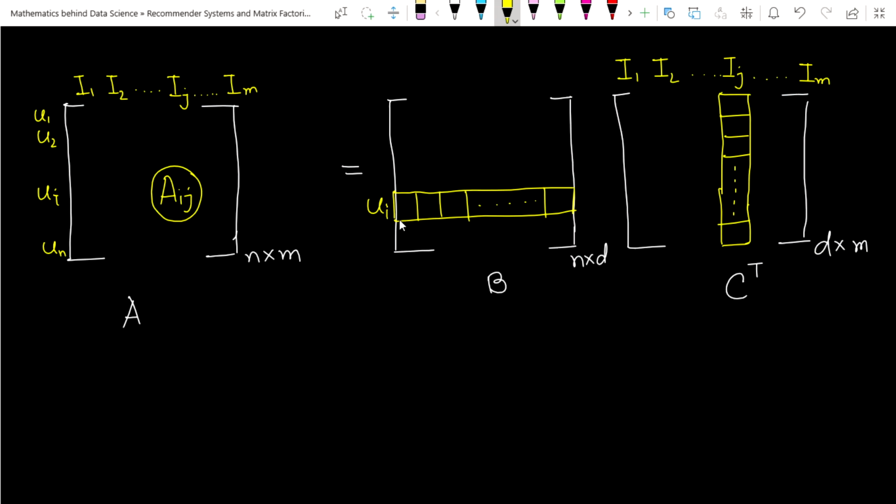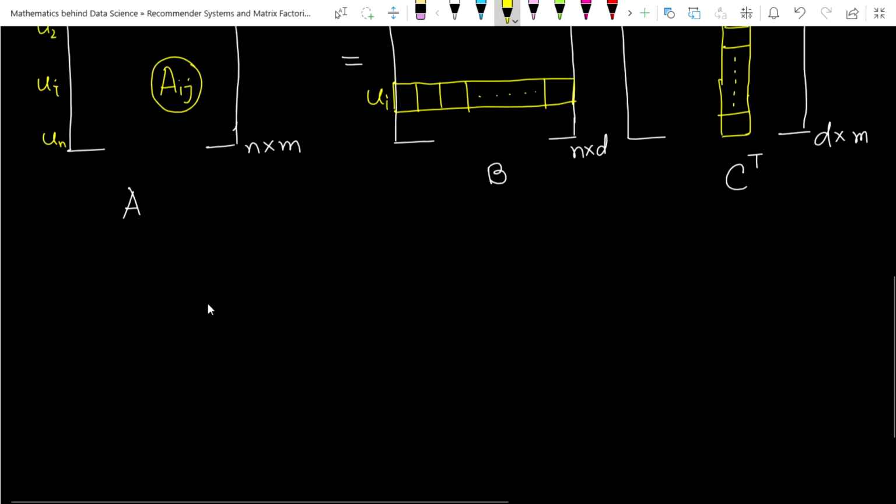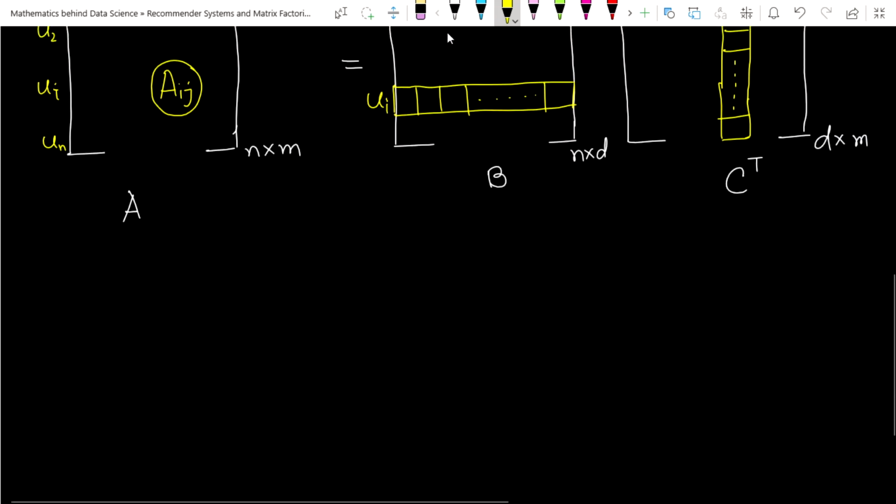So what are the dimensions? First I think it will be better if we write these things in this format.